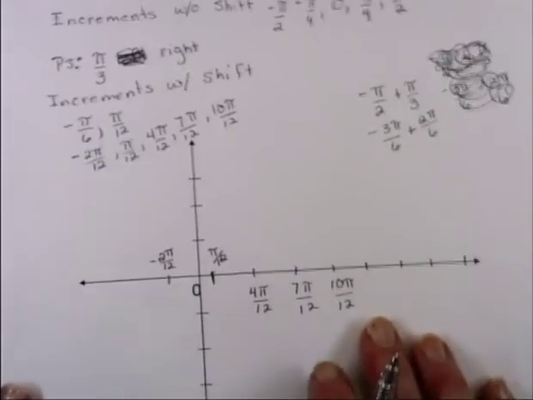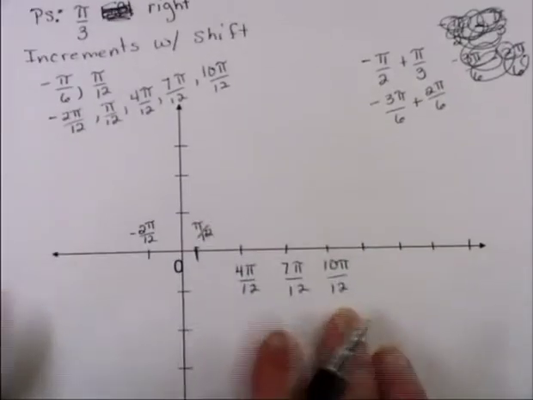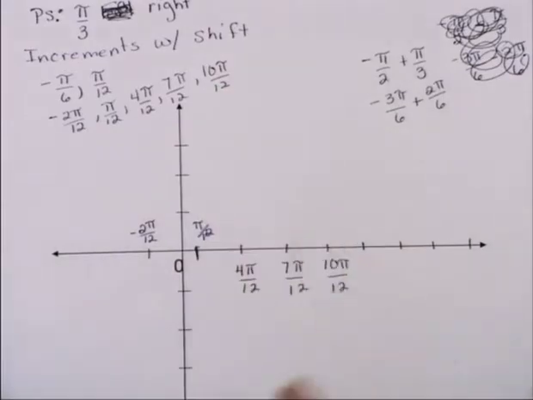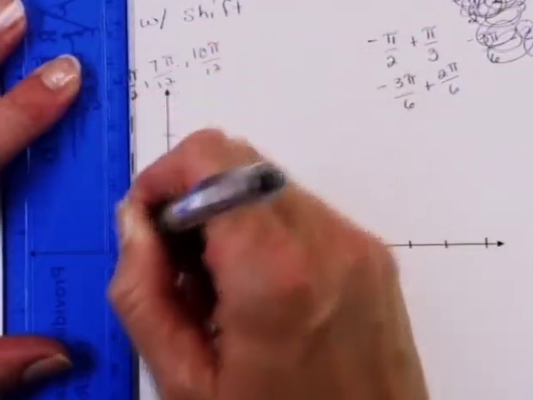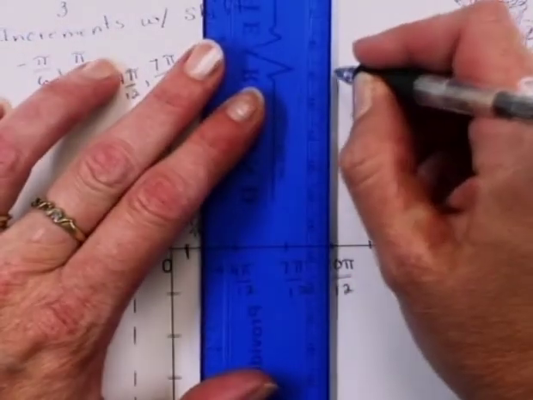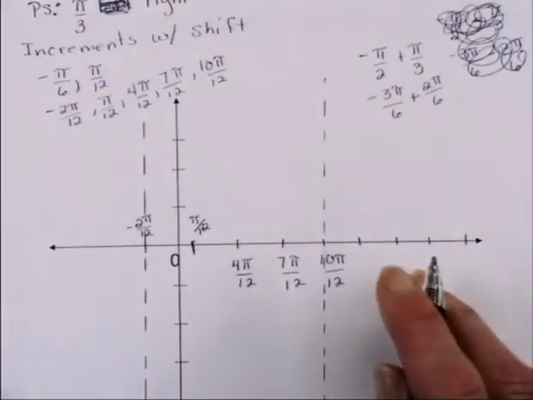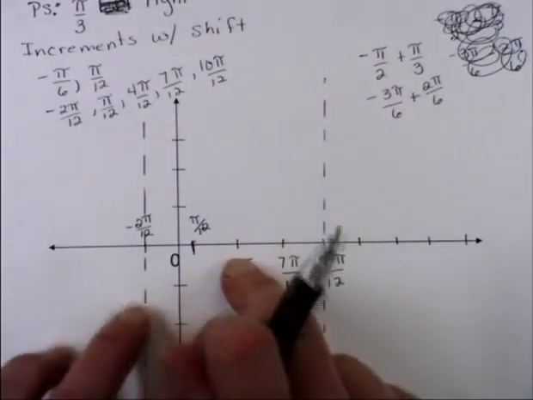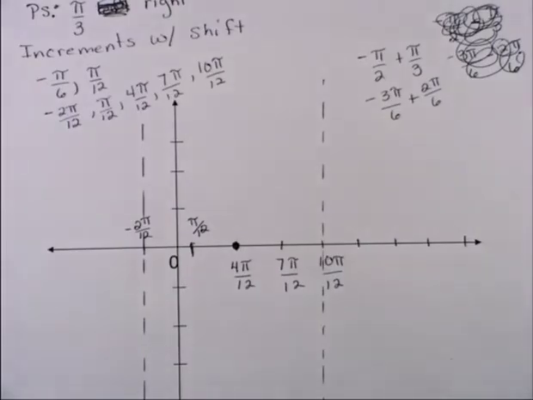All right, remember how it behaves. Our asymptotes are on the 2 endpoints of your increments. So at negative pi over 12, we have an asymptote. And then again at 10 pi over 12, we have a second asymptote. The intercept always occurs right in the middle. So I'm going to mark that one.